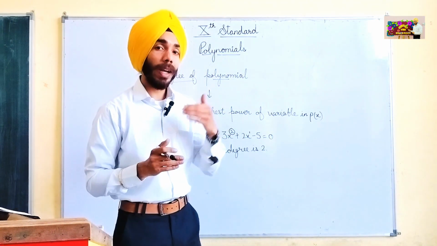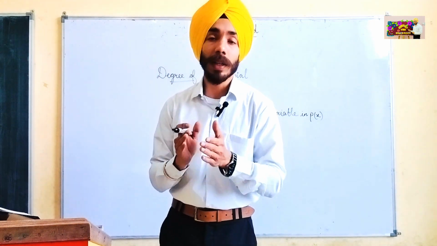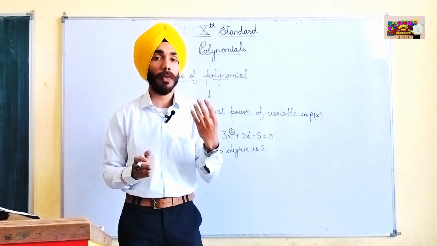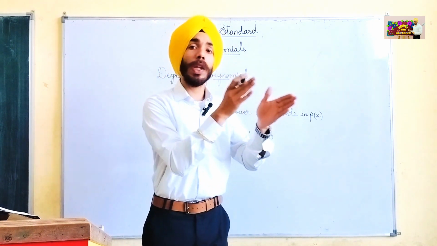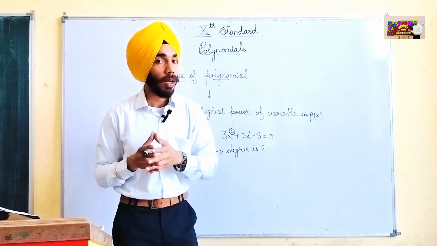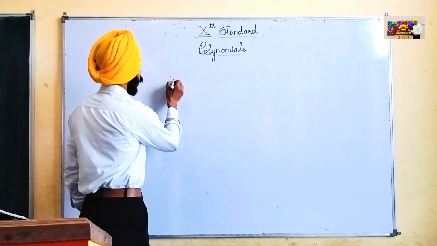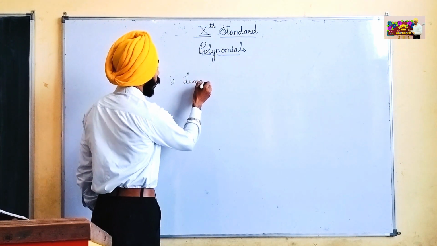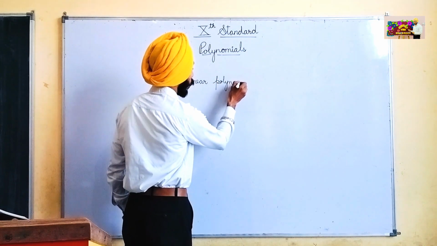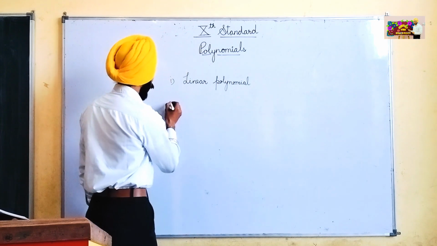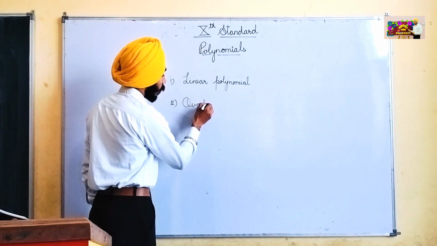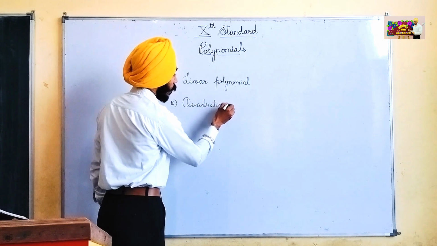Now, depend on the degree of polynomial. If the degree of any polynomial is 1, 2, 3, 4, then the name of that polynomial is given according to the degree. First one is linear polynomial. Second one is quadratic polynomial.